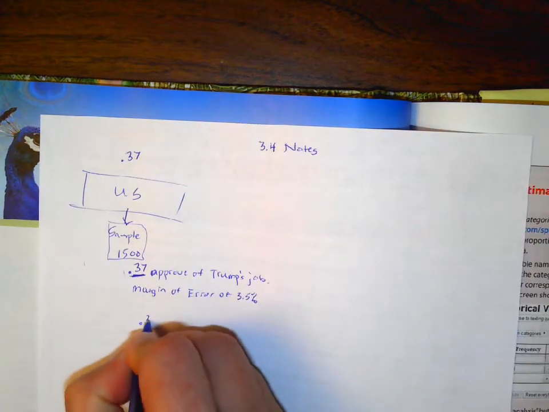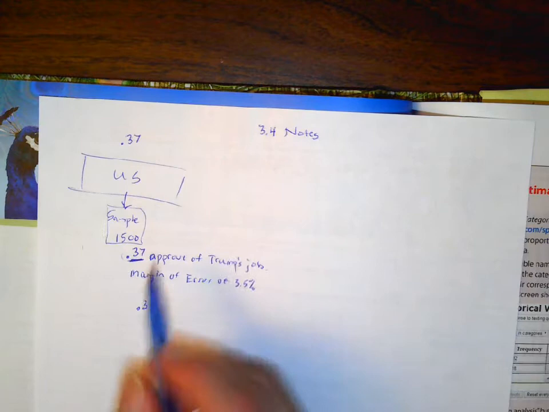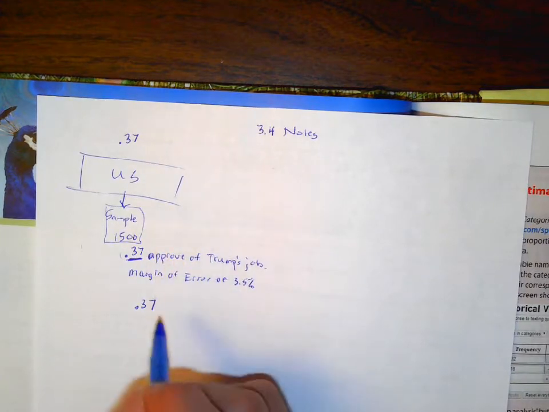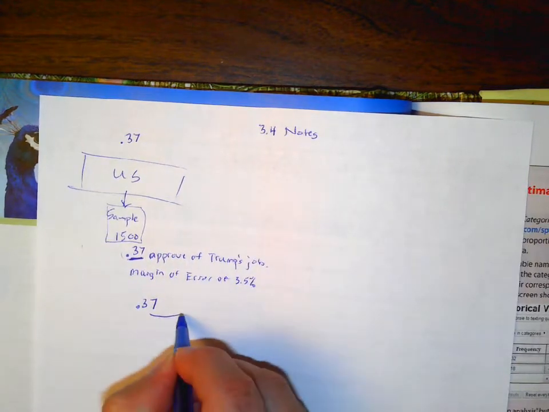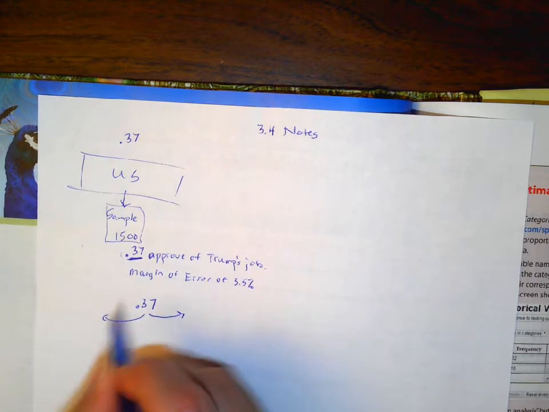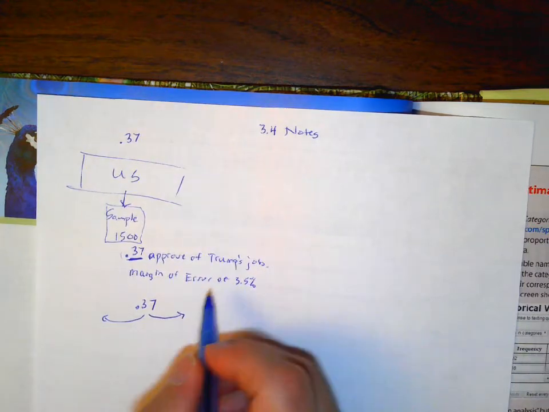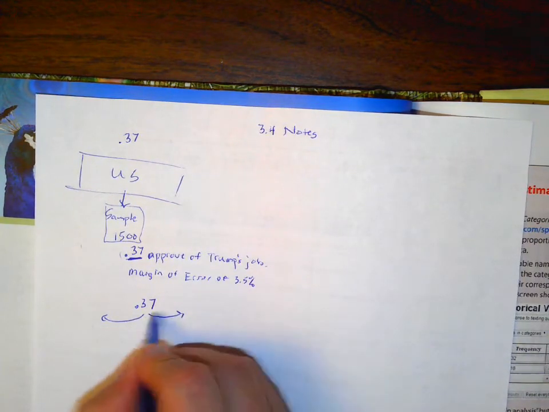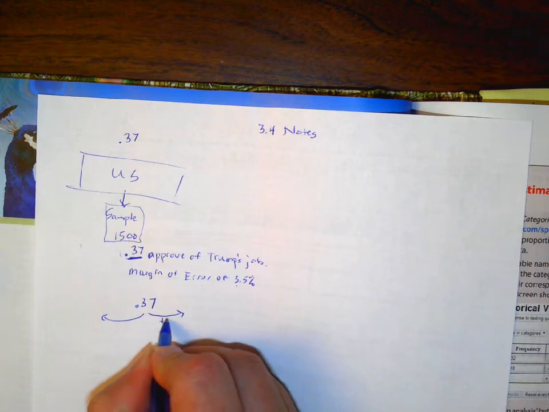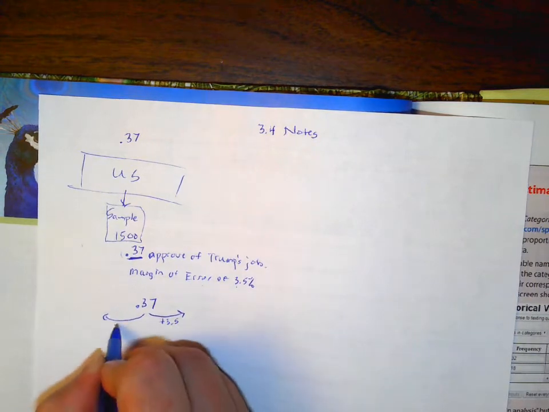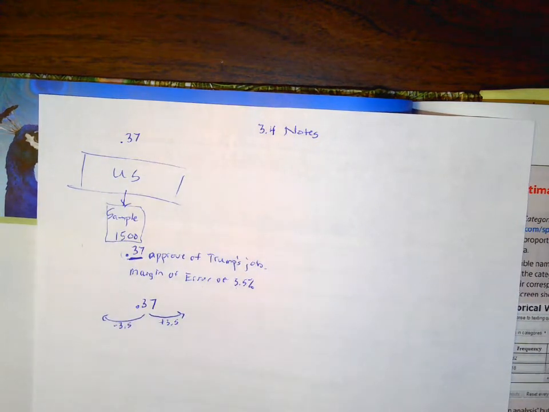Now, what we do here is we create a margin of error. Okay, so we believe, based upon the sample size and some other things, which we'll get into another chapter, we're just kind of doing the basics here, we believe that it's within 3.5%. So I can add 3.5% this way, and I can subtract 3.5% this way.